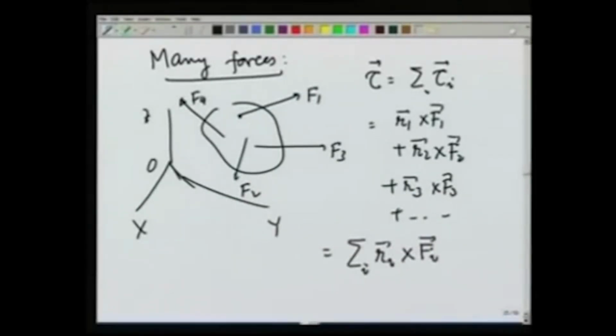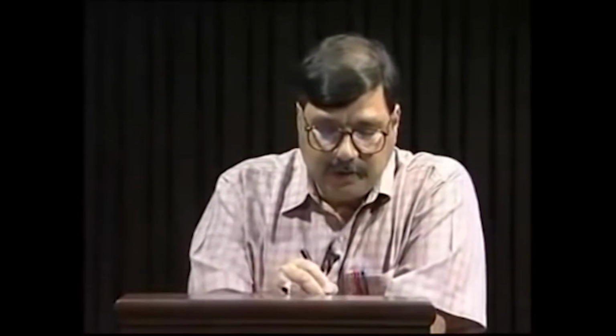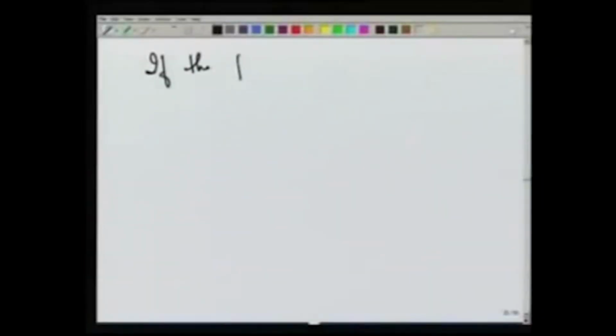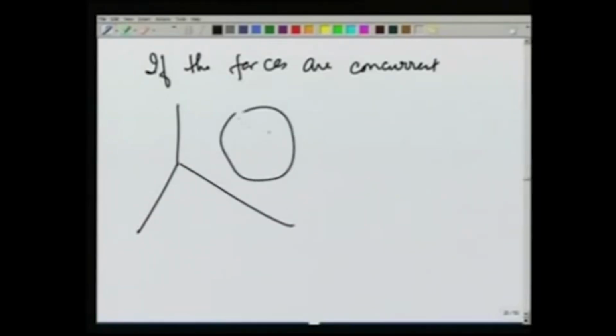If the forces are concurrent, that means they all meet at some point, this may be one force, this may be the other force, this may be the third force, fourth force, fifth force and so on, then I can take this point where they meet to be the point for which I am going to take the torque displacement, and therefore, this is going to be R_j.